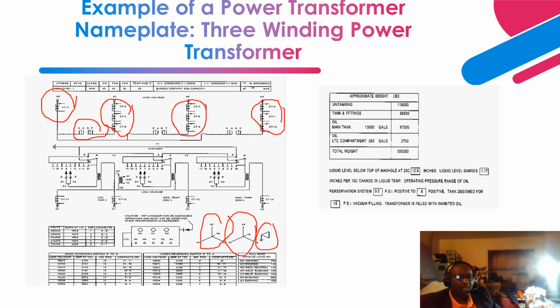Then the low voltage side is also wound in a Y configuration, but the low voltage side is where the on-load tap changer is integrated. This is the neutral of the low voltage side, and it has a CT that is used for protection. Then phase A of the low voltage side also has a CT, phase B also has a CT, and phase C also has a CT.